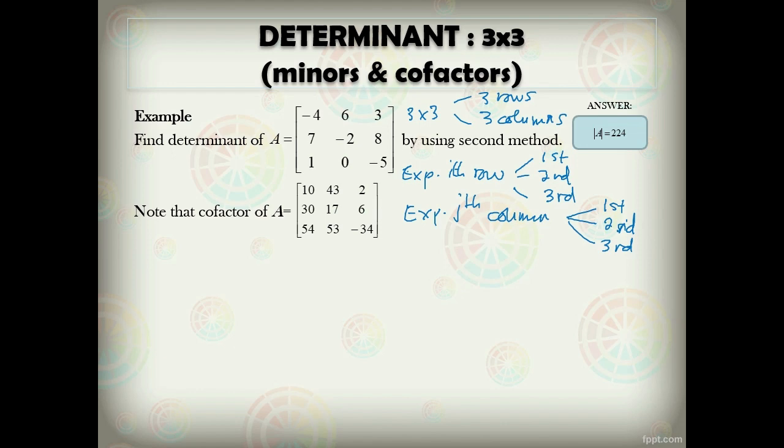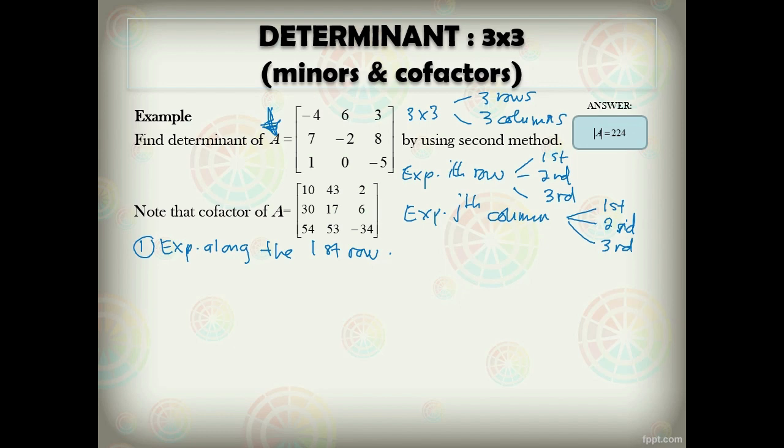Alright, so let us choose the first row. Here I choose to expand along the first row. Please take note that this example is from the previous example for finding the cofactor.